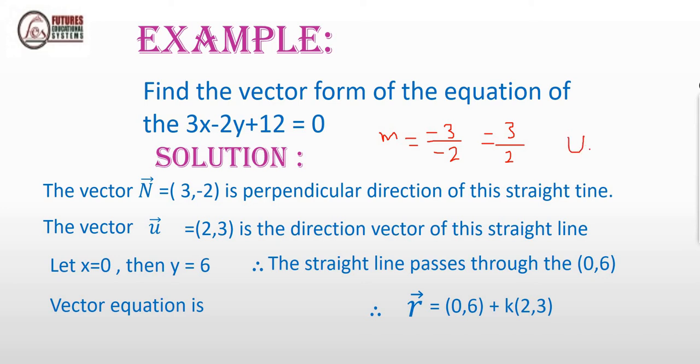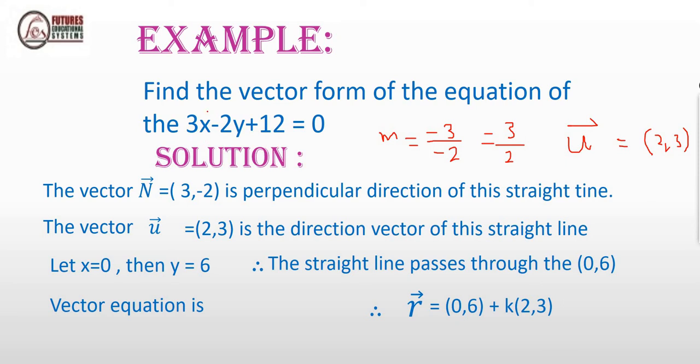Therefore, u equals (2, 3). The direction vector (2, 3) is the direction vector of the straight line.